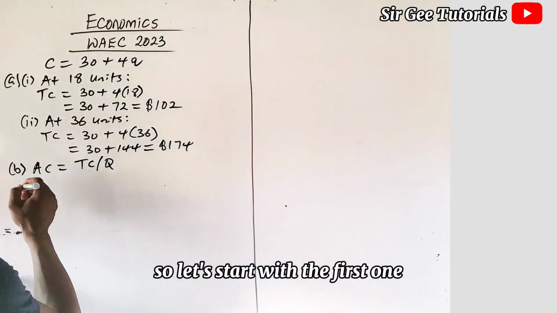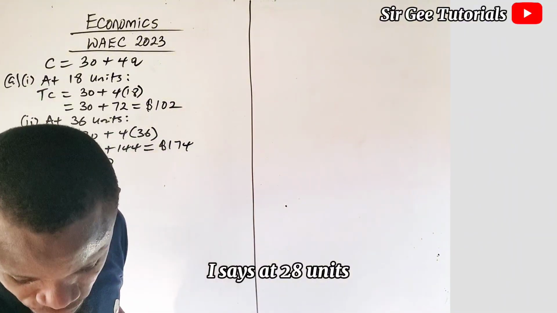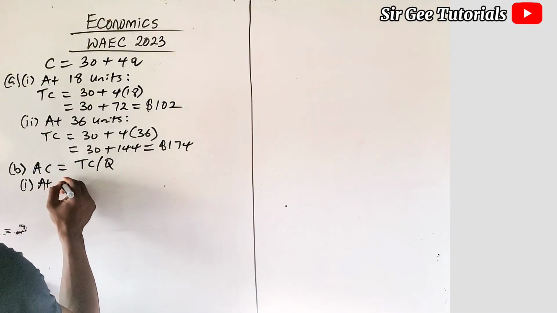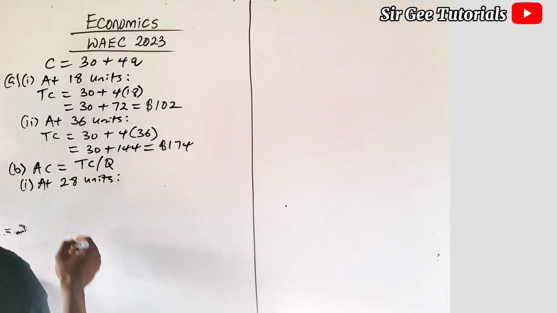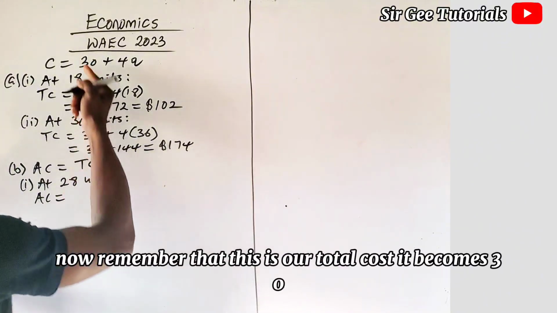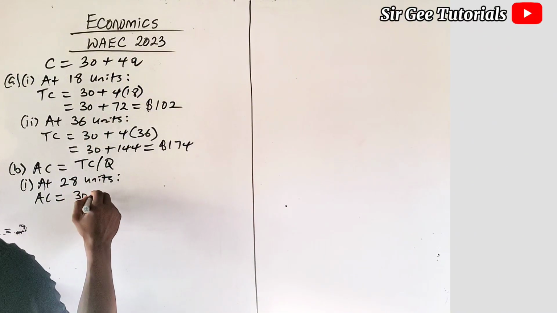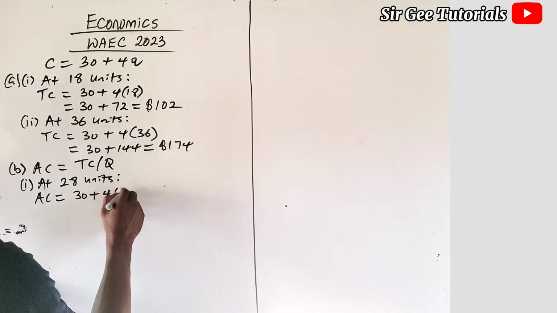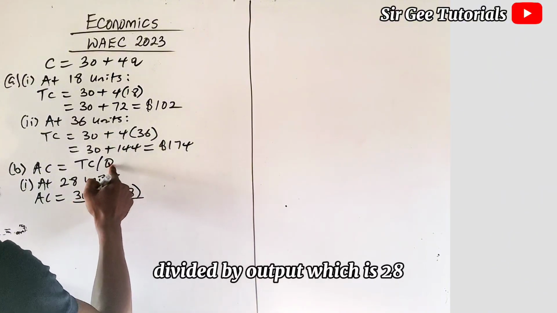So let's start with the first one, I. I says at 28 units. So our average cost will be, now remember that this is our total cost, so it becomes 30 plus 4 times 28 divided by output, which is 28.